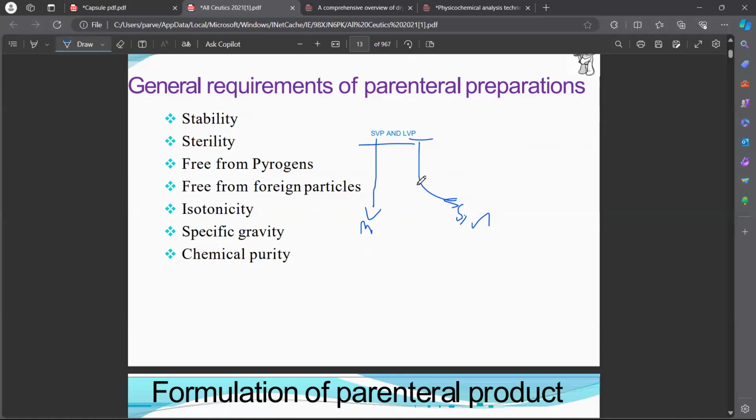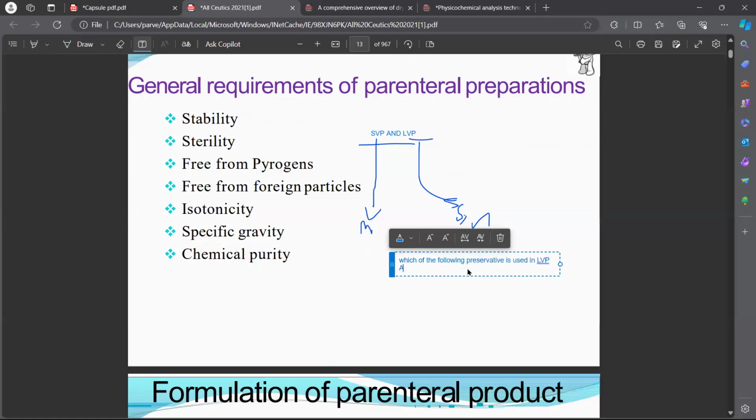So next, in which do we require any preservatives in the large volume parenterals? I have an MCQ for you guys. Which of the following preservatives is used in large volume parenterals?